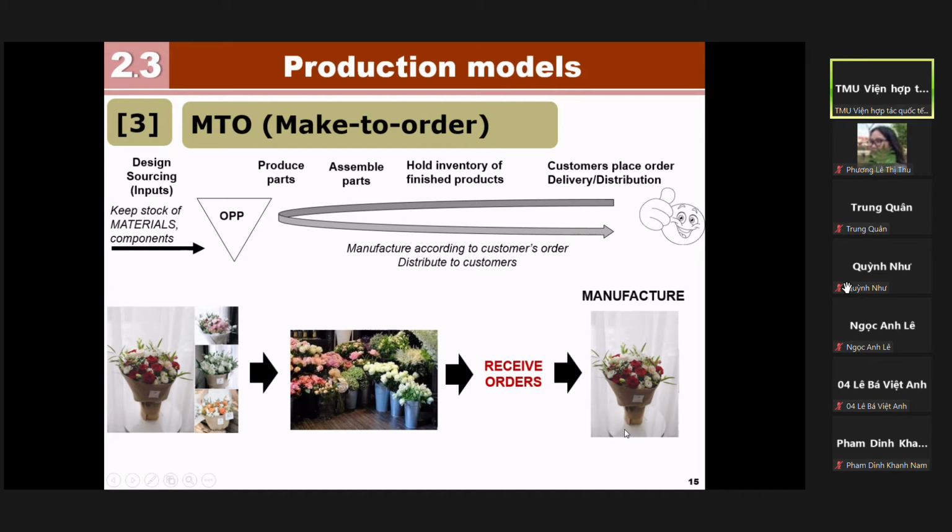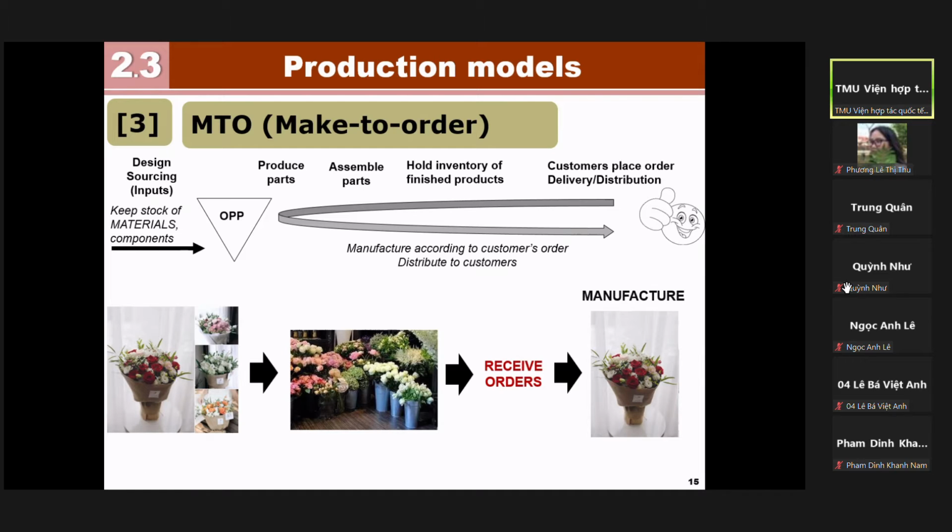And then when the customer comes, they will say, okay, I would like this design, make a bouquet of flowers in this design for me. And after that is the order. After receiving that order, they start picking the rose, picking daisy, picking baby's breath, that they keep in stock in advance, and then they make those flowers for the customer.